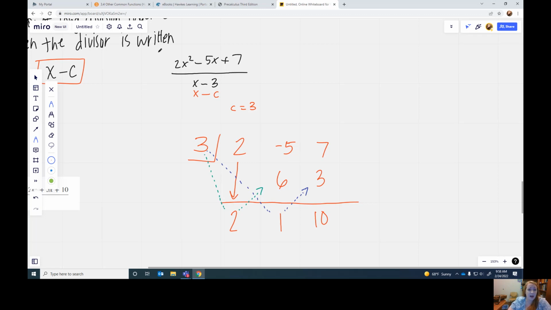Now we can look at our dividend up here, and we see that it is degree 2. We know that because that's the highest exponent. So the dividend has degree 2. The quotient will always be 1 degree less than the dividend.